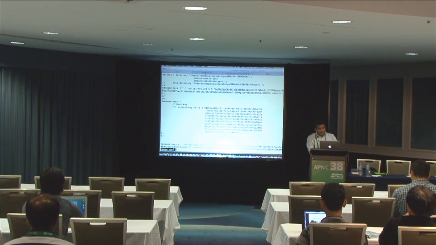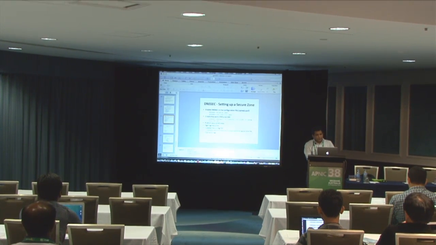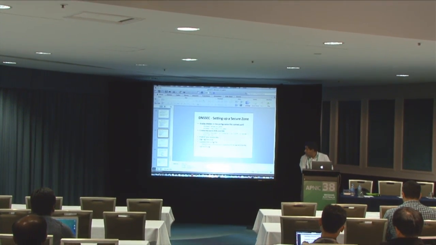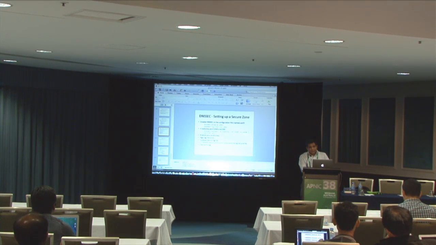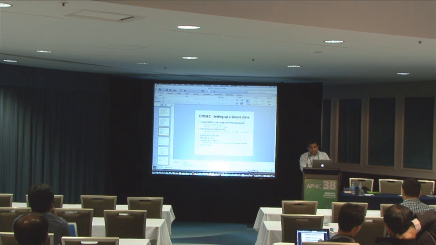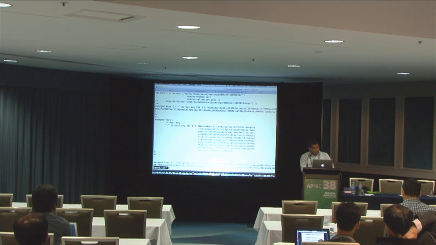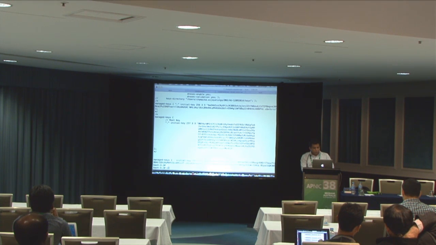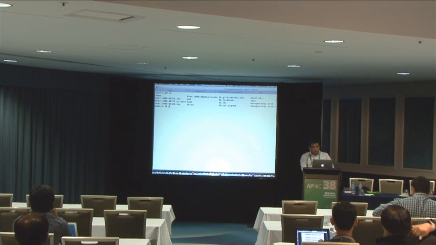Then the next step would be to generate the key pairs. When you generate these key pairs, you give that utility, dnssec, the algorithm and generate the key pairs. When it generates the key pairs, it gives you two files.